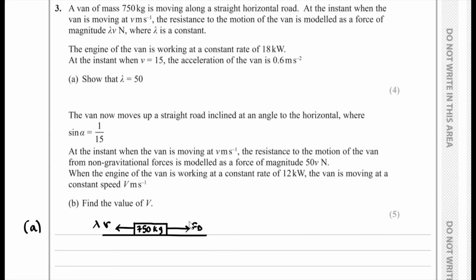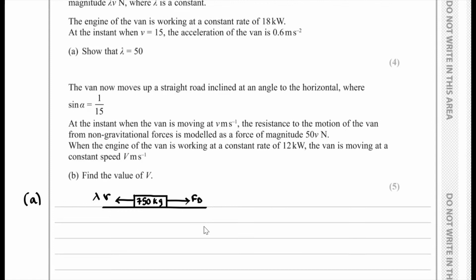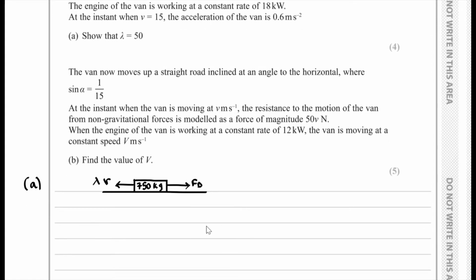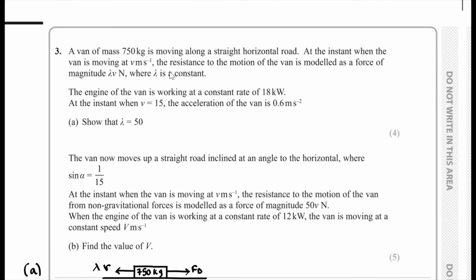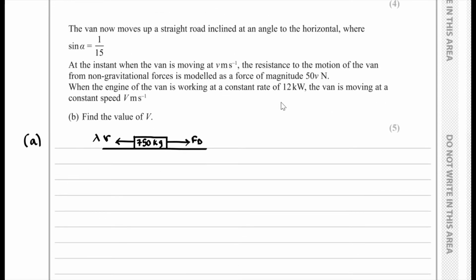We can first of all find out what this driving force is by using power equals the product of the driving force and the velocity. We know that when v equals 15, we've got the power being 18 kilowatts.